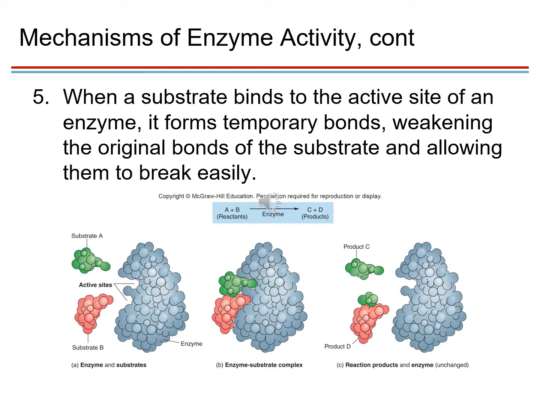At the bottom of this slide, you can visualize the larger portion, the blue color, which represents the enzyme, and the enzyme has that specific active site. This active site is made for specific substrates. In this case, substrate A is green and substrate B is pink. They use that active site.